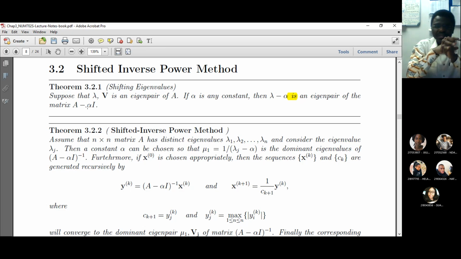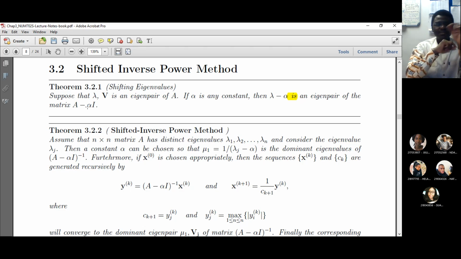And in order to do that, we use the shifted inverse power method, because the shifted inverse power method is that technique that will allow us to approximate the other eigenvalues in between the dominant. And for that, of course, we have to shift.